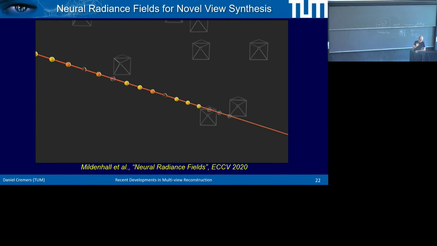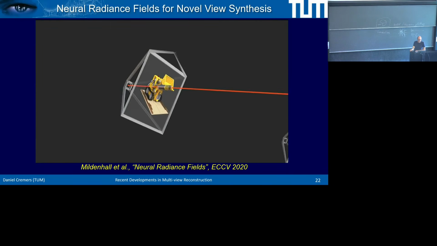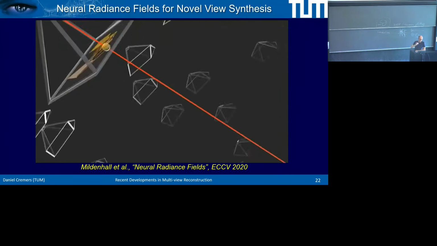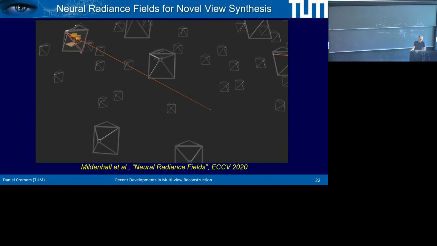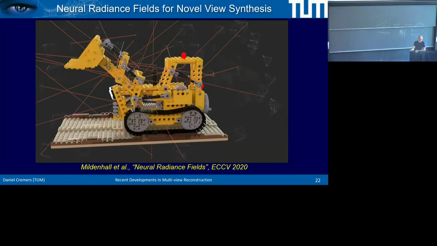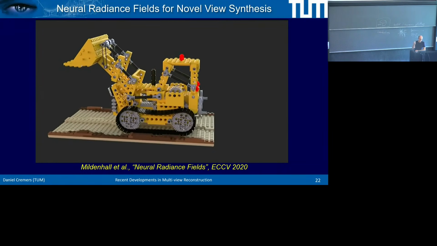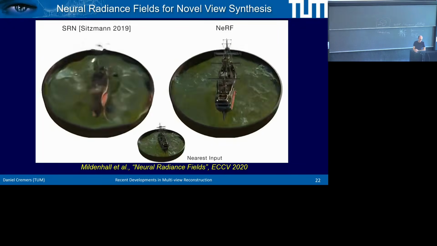It really models the light along rays and what color you would expect by integrating this up along the radiance field. And then you train a neural network, using a lot of training data, to predict the color that you see of a given voxel from a given vantage point.